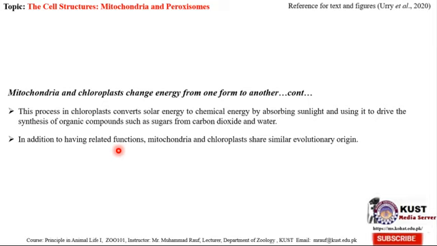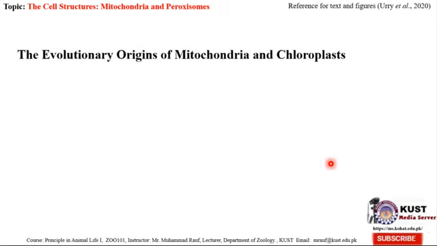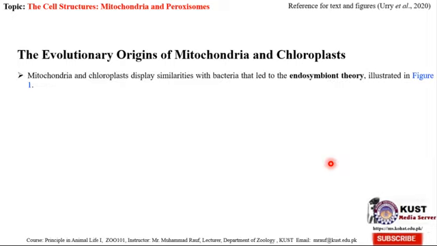The second similarity between the two is that they have a similar evolutionary origin. Mitochondria and chloroplasts display similarities with bacteria that led to the endosymbiont theory.